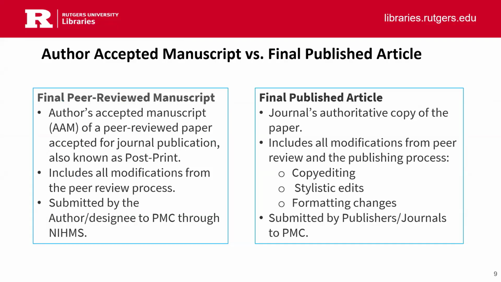For those of you who are familiar with the 2008 policy, there are 4 methods to use to comply. Basically, method A and method B for final published articles, and then C and D for manuscripts. So there are 2 kinds of versions of the paper. NIH only requires the AAM, the author accepted manuscript. What is that? It's the author's accepted manuscript of a peer-reviewed paper, accepted for journal publication, also known as the postprint.